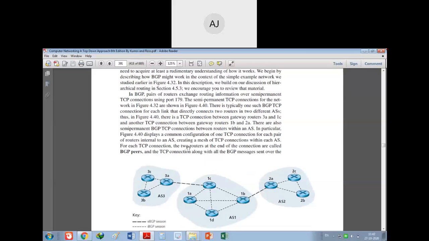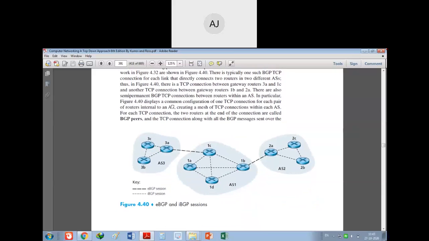So this is the port used by BGP. Just as HTTP uses port 80 for web browsers, similarly here 179 is the port number used by BGP. And there is one more concept called semi-permanent TCP. Now what is semi-permanent TCP?